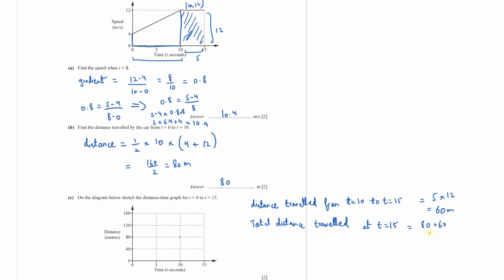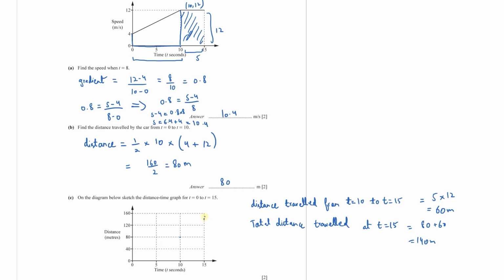So you get 80 plus 60, which is 140 meters. So at 15 seconds here, you have traveled a total distance of 140, which should be in the middle here between 120 and 160. So now you have 2 points here. And then at time t equals to 0, you have traveled 0 distance. So your graph will start here and will end here.